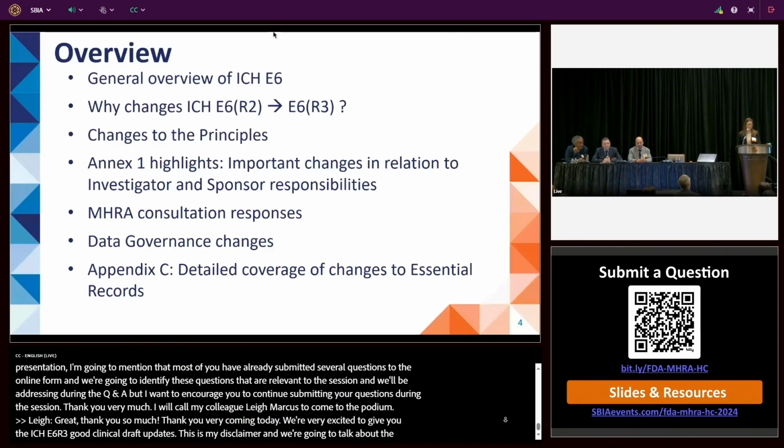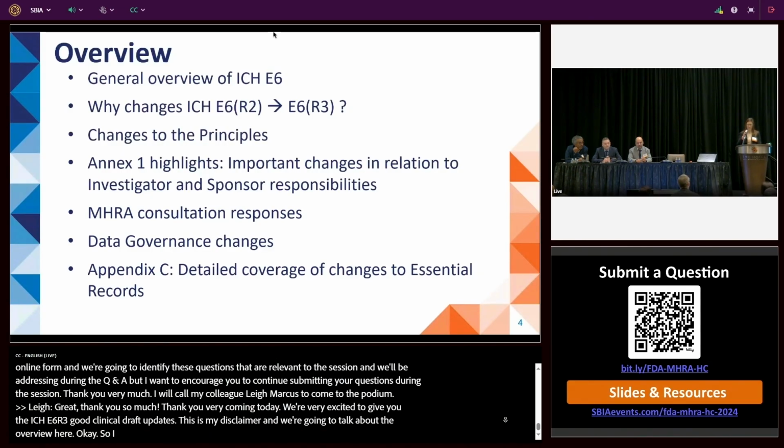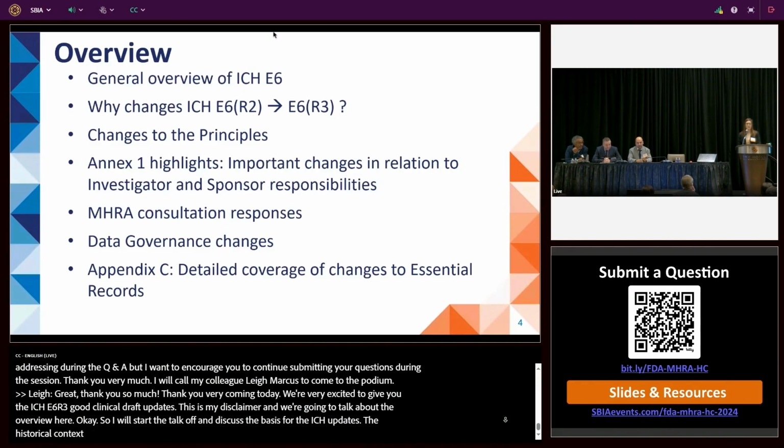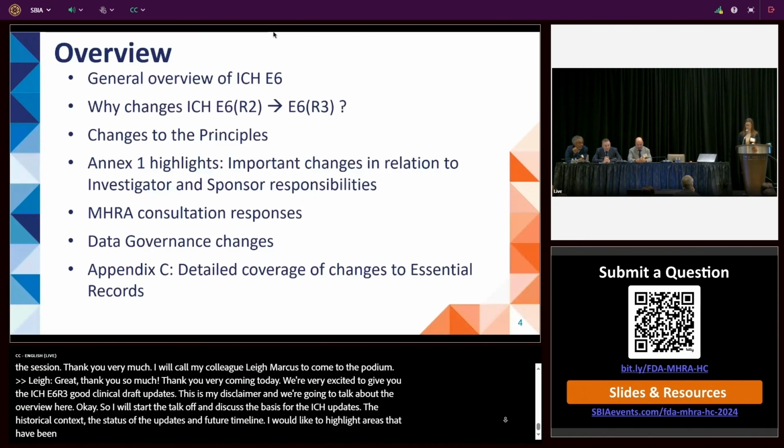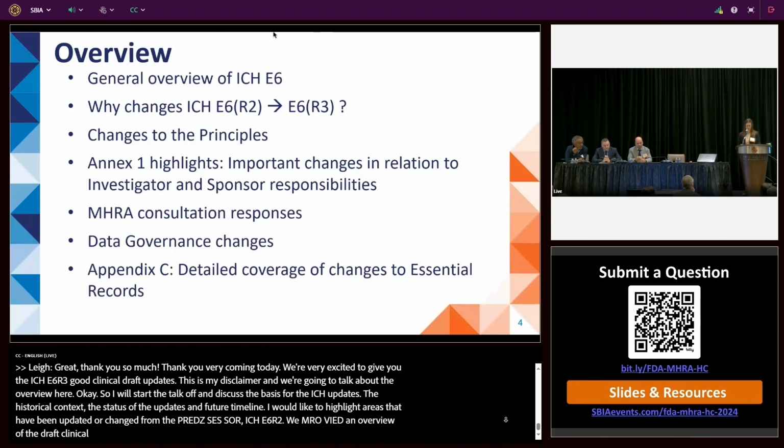I'll start the talk off and discuss the basis for the ICH updates, the historical context, the status of the updates, and the future timeline. I'd like to highlight areas that have been updated or changed from its predecessor, ICH E6(R2). Together with my colleagues at MHRA and Health Canada, we'll provide an overview of the draft clinical practice principles and Annex 1 guideline.